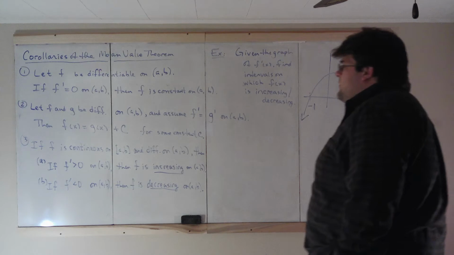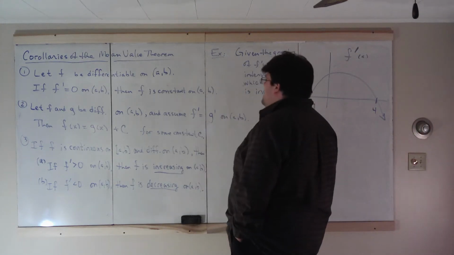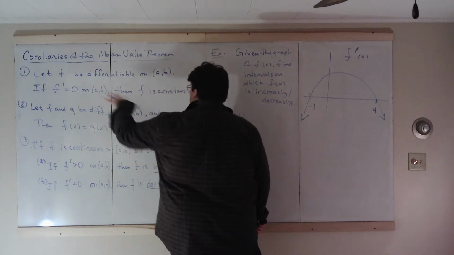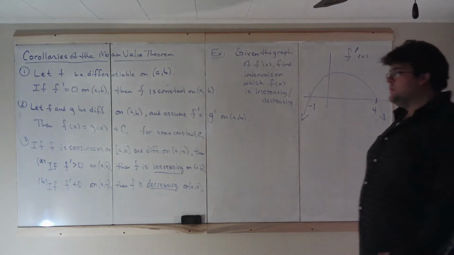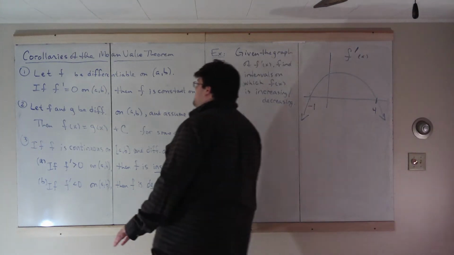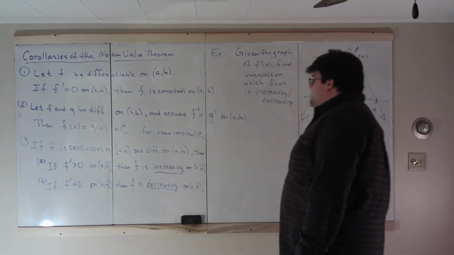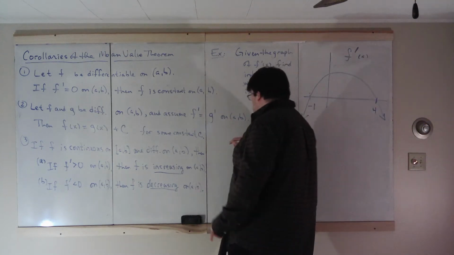So before, we had the result that if f was a constant function, then its derivative was 0. Here, we're going in the other direction. We're assuming that the derivative is 0 on an interval, and we're able to conclude that f is constant on that interval. So I'll give a proof of that right here.